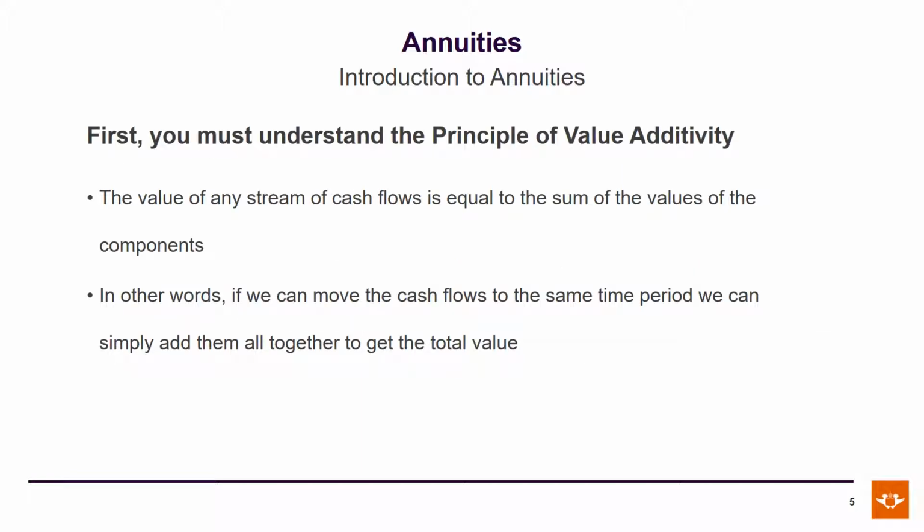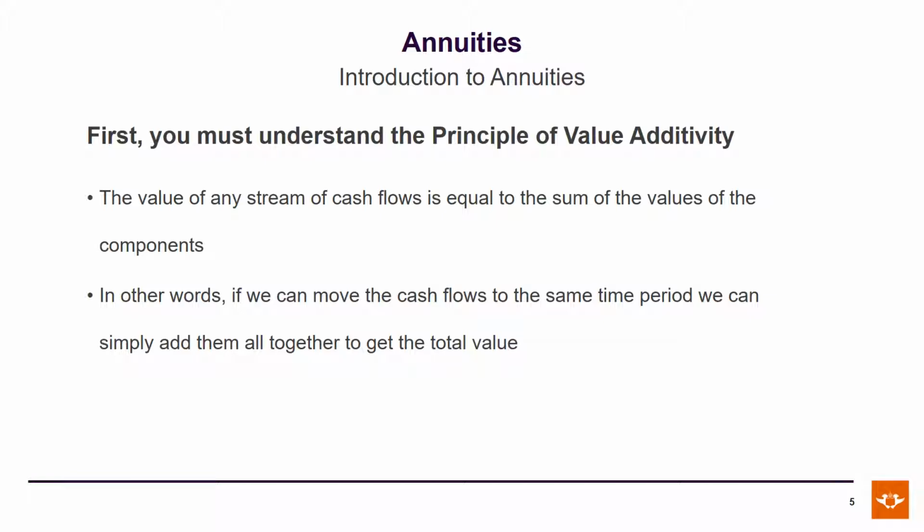Before we can move on to valuing annuities and understanding them in more detail, we first need to understand the principle of value additivity. What this principle states is that the value of any stream of cash flows is equal to the sum of the values of the components.